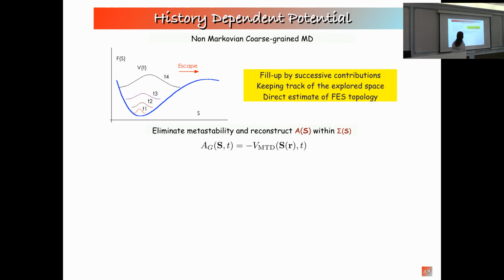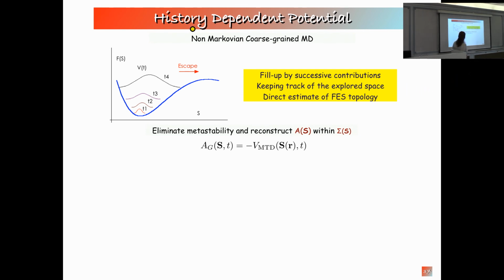And then you start activating the metadynamics, meaning you start filling the minimum where you are with this repulsive potential. This repulsive potential, after some time, pushes the system towards the lowest possibility in energy, or in free energy, to escape. So it finds some transition regions and it moves away.